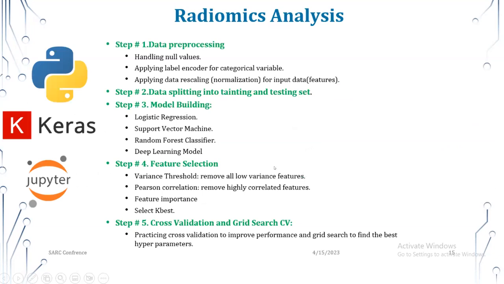These are the steps of using the deep learning or machine learning algorithm. It starts with data pre-processing, by handling the null values, applying a label encoder for categorical data, and then applying data rescaling or normalization, then data splitting into training and testing sets, then building models like logistic regression, support vector machine, random forest classifier, and a deep learning model, then feature selection, which is used to extract the most relevant features for prediction.